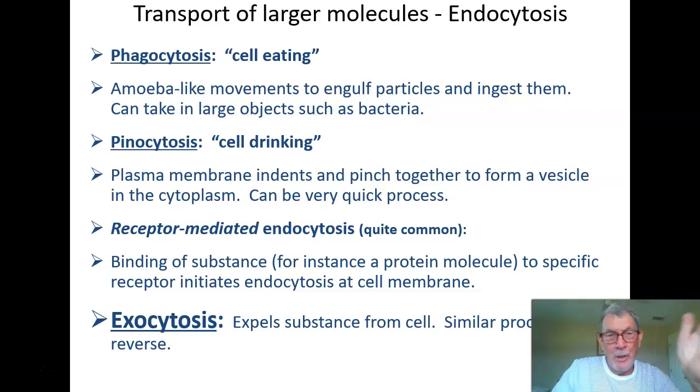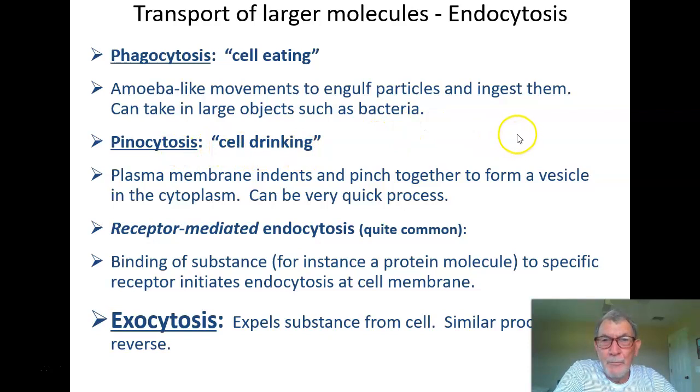And if the cell membrane needs something to move across that won't fit through any transporter because it's too big, you can engage in phagocytosis, which is cell eating. This is like those amoeba-type white blood cells. They just surround a bacterium. A bacterium is way too big to cross through a transporter, so the cell just eats it and brings it in.